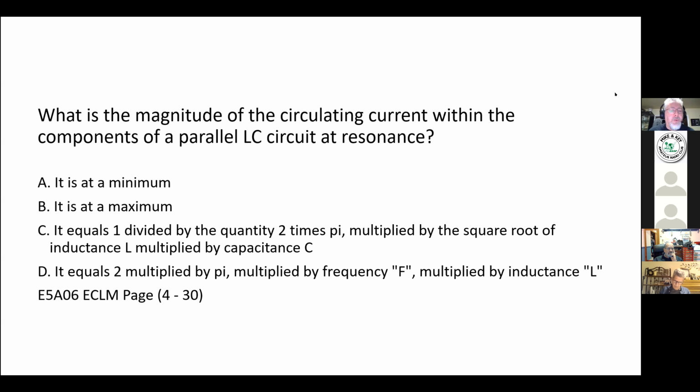C, it equals 1 divided by the quantity 2 times pi multiplied by the square root of the inductance L multiplied by the capacitance C. Or D, it equals 2 multiplied by pi multiplied by the frequency F multiplied by the inductance L. Bravo is correct. It's at a maximum when it's at resonance.